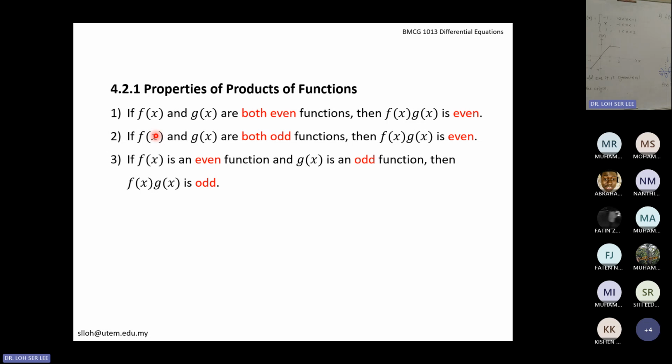If both f and g are odd functions, then f times g is even. If one function is even and the other is odd, then what you obtain will be an odd function. This is something like plus plus: when you multiply plus plus, you get even. Multiply minus minus, you get plus. And plus times minus, you get minus. Something like that.